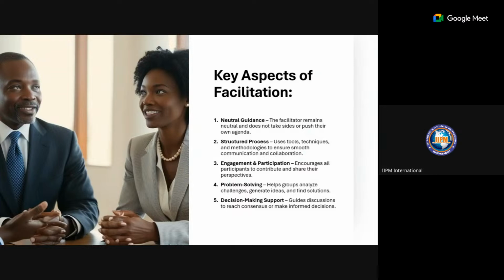You have to appreciate everyone's contribution, but you're not to take sides. You're not permitted to say this person is more intelligent than all of you in this class. Whether it is done humorously, intentionally, or involuntarily, you must try as much as you can to avoid that. Your guidance must be neutral.